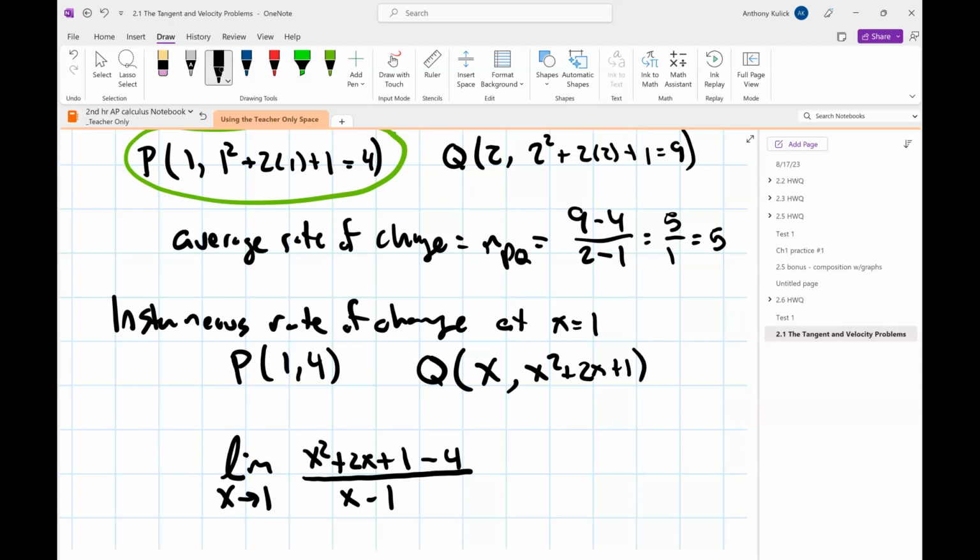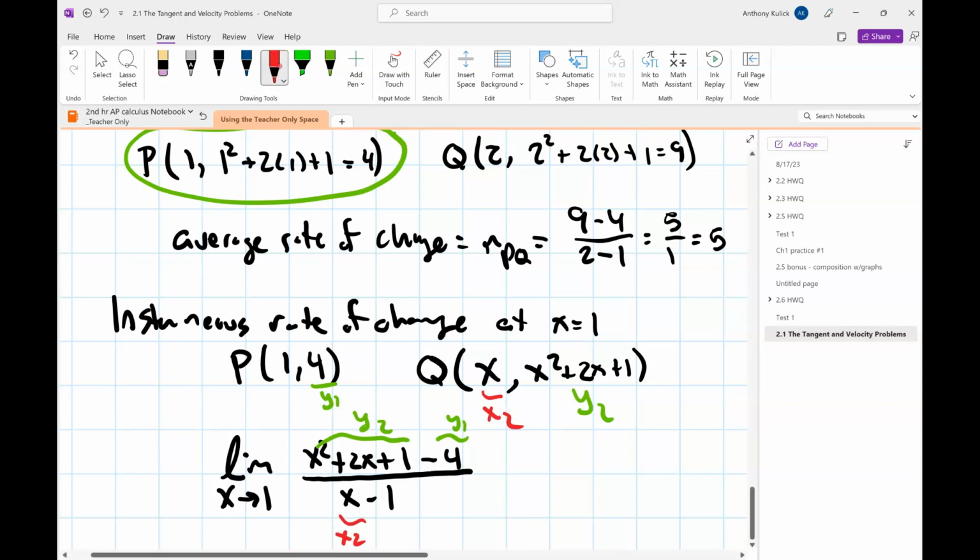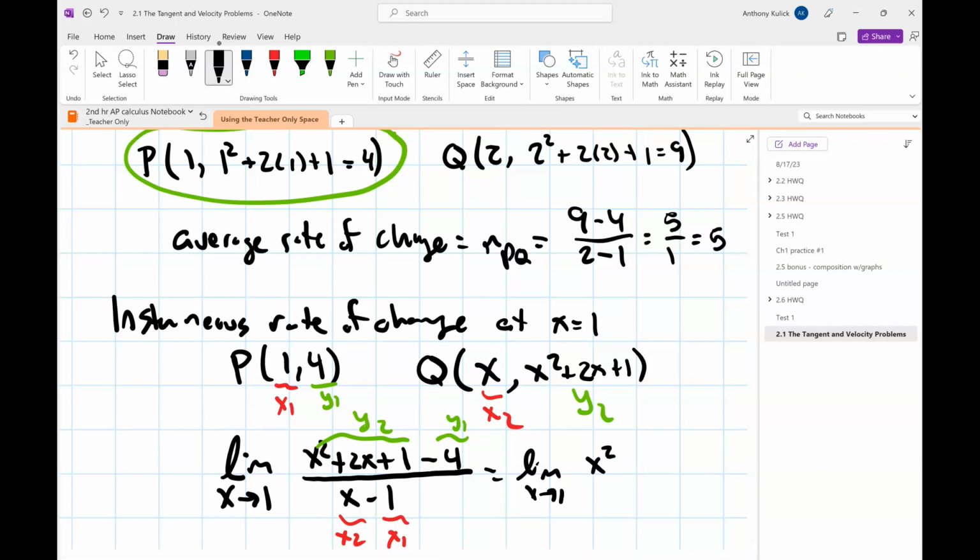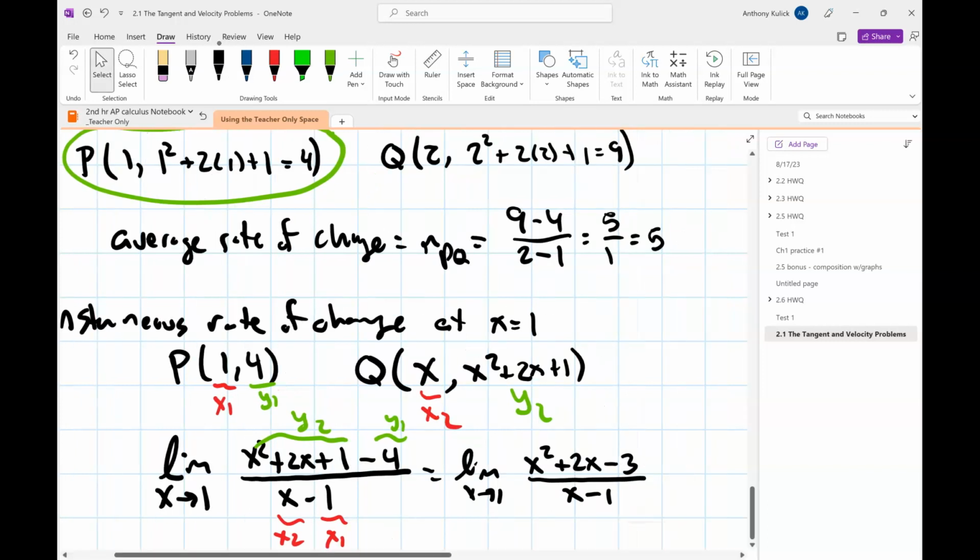So again, this is y2. This is y1. This is x2. And this is x1. I'm just using the slope formula. So if I simplify this, I'm going to end up with a limit that we can do.